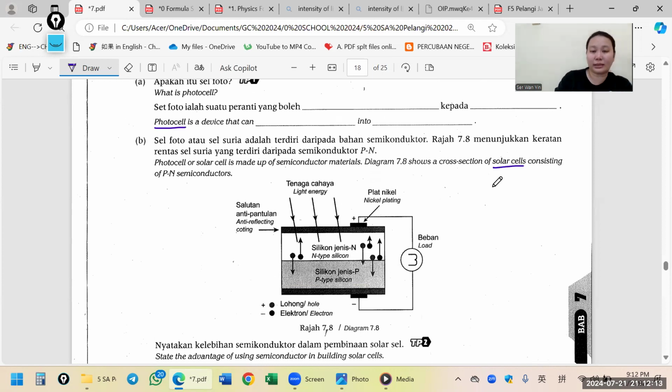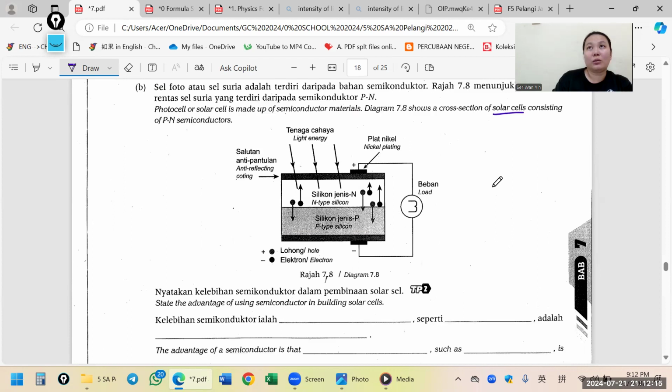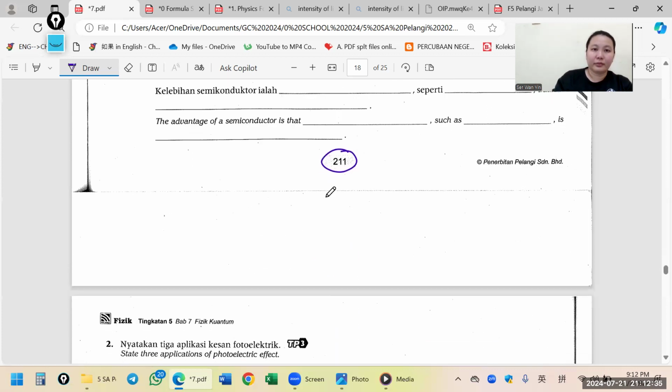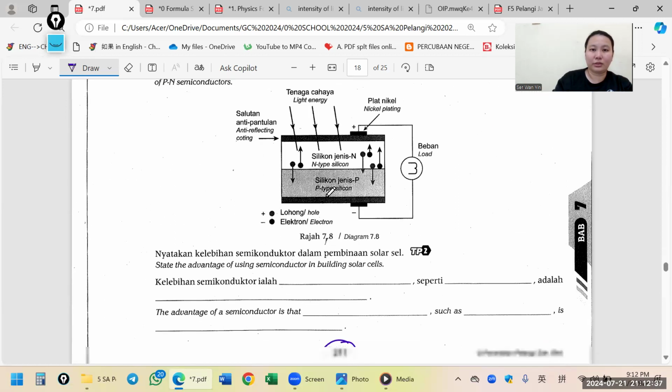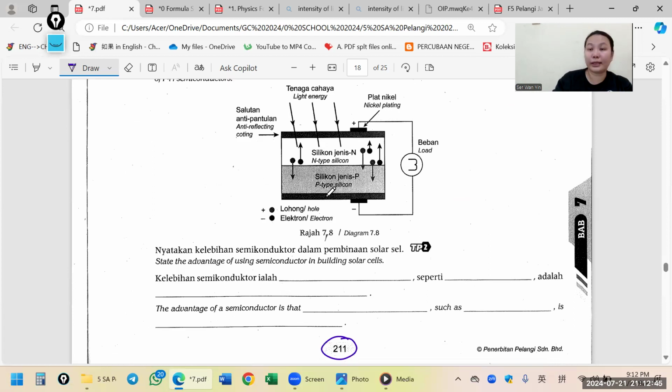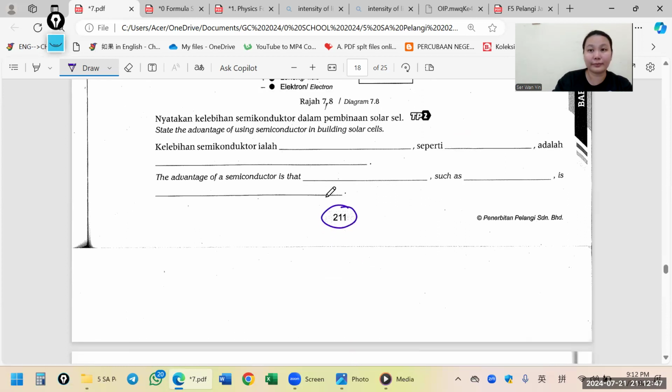How a solar cell functions is that light energy shines on the surface and makes electrons start to move around. The advantage is that this is renewable energy and no pollution.